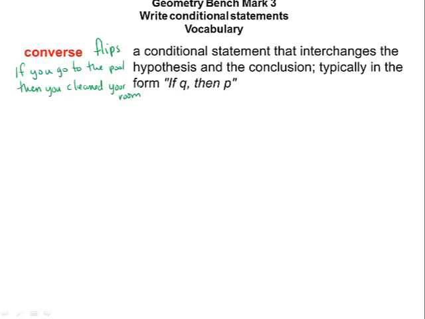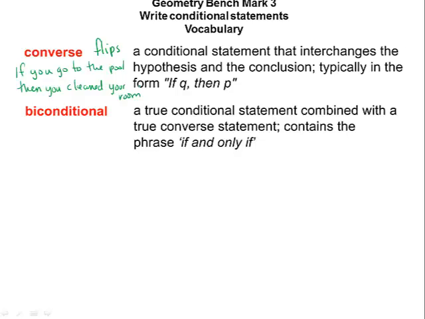A biconditional happens when you take the original statement, if you cleaned your room, then you can go to the pool. And that's true. And you take the converse, if you go to the pool, then you cleaned your room. And that's true.